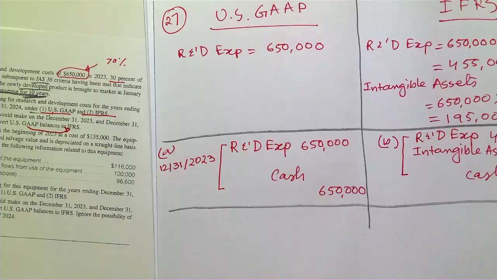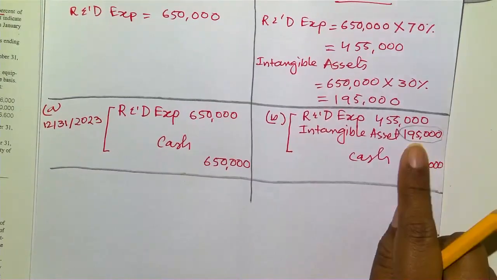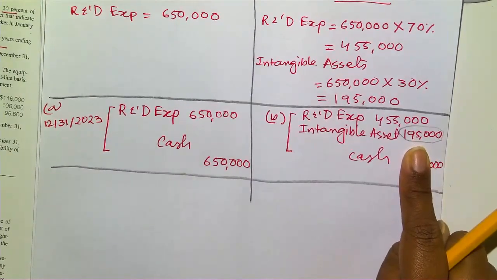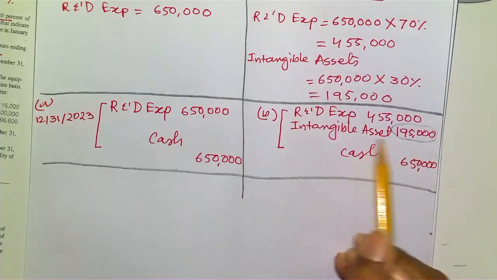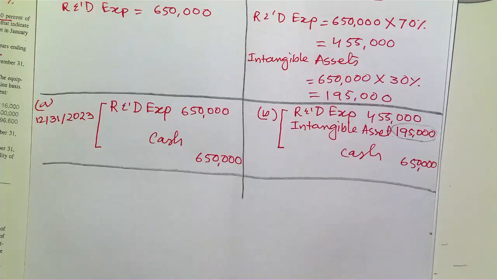So they recorded this intangible asset. From 2024, they will start getting benefits in January. So you have to calculate amortization expense from 2024 because it's an asset. You put it on your balance sheet.